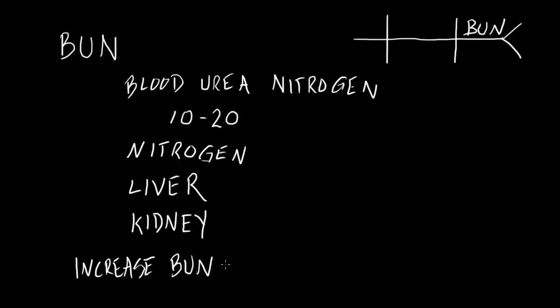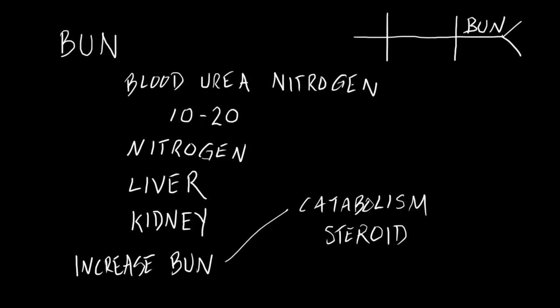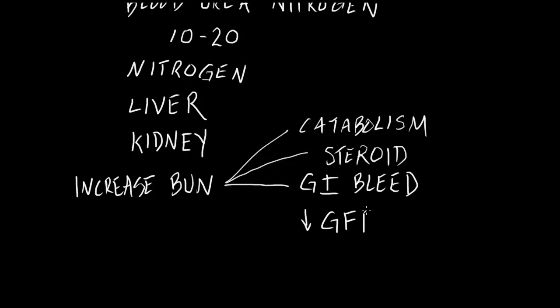Those factors include catabolism, for which there is a steroid-dependent transcription factor, gastrointestinal bleeding, which is essentially digestion of nitrogen from the blood, a decrease in the glomerular filtration rate, so decrease in kidney function, pre-renal azotemia.